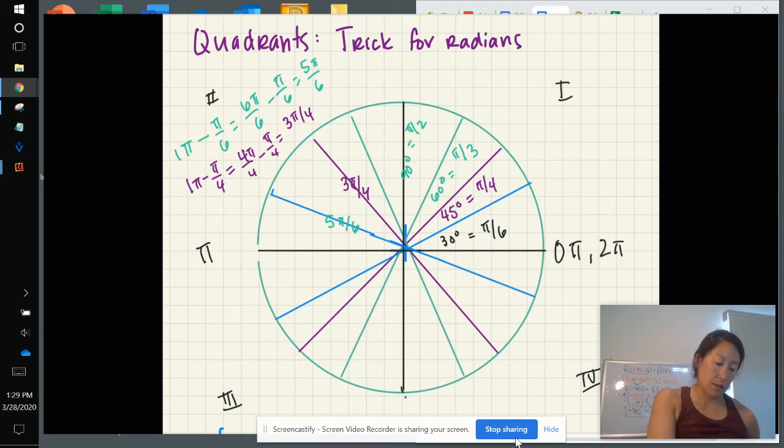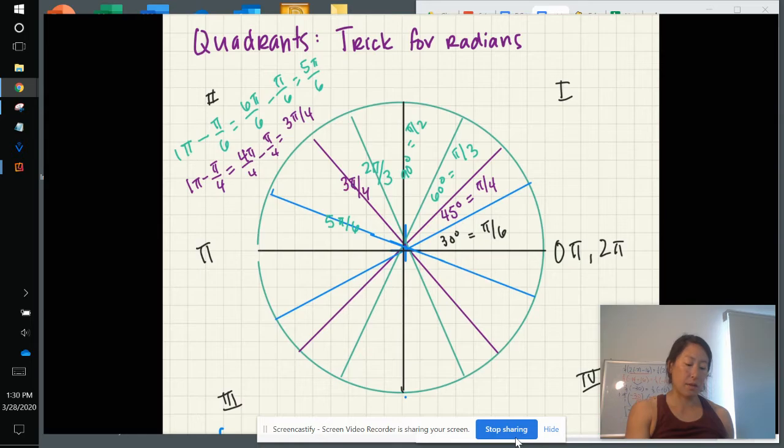So the green pieces are all over 3. It's almost a full 3 pi over 3, but it's minus 1. So 2 pi over 3. So each of these angles is the denominator on the bottom, and for the numerator we get minus 1. So 6 minus 1 gives me 5, 4 minus 1 gives me 3, 3 minus 1 gives me 2.